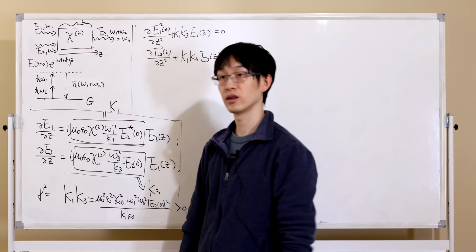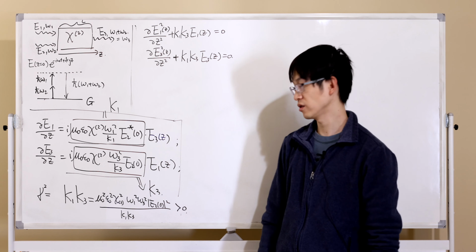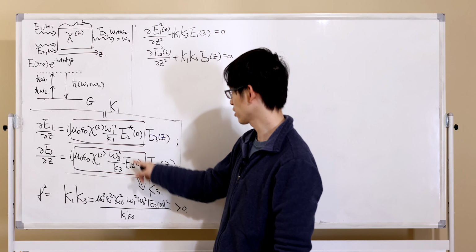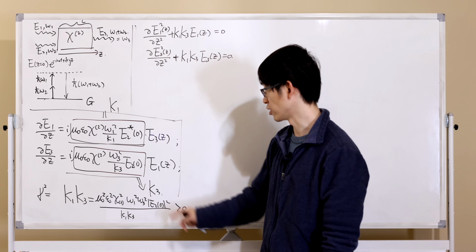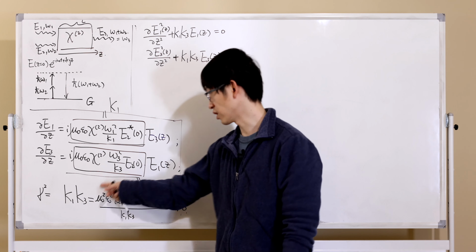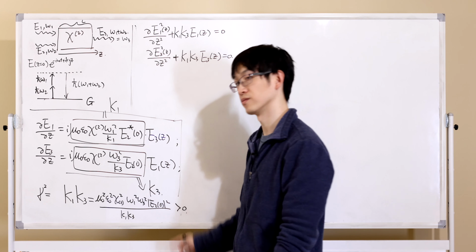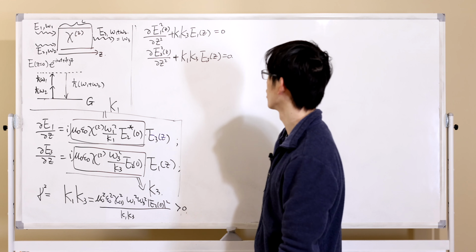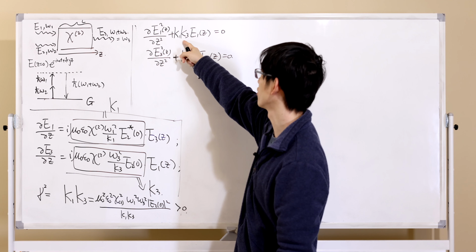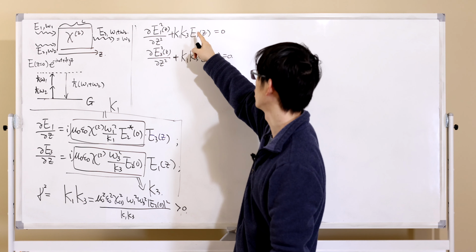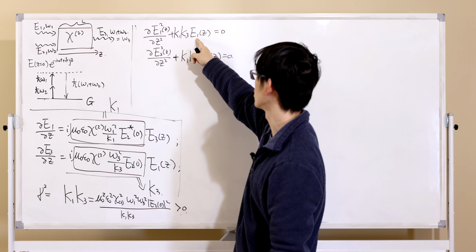K1 and K3 are wave vectors, so they're also positive. And E2 times E2 conjugate gives you the magnitude of E2 squared, so this is also positive. So the entire coefficient is larger than 0. Now what you have is the second derivative plus a positive coefficient times E1 itself equal to 0, and the solution to this is very common: sine and cosine, the oscillation terms.